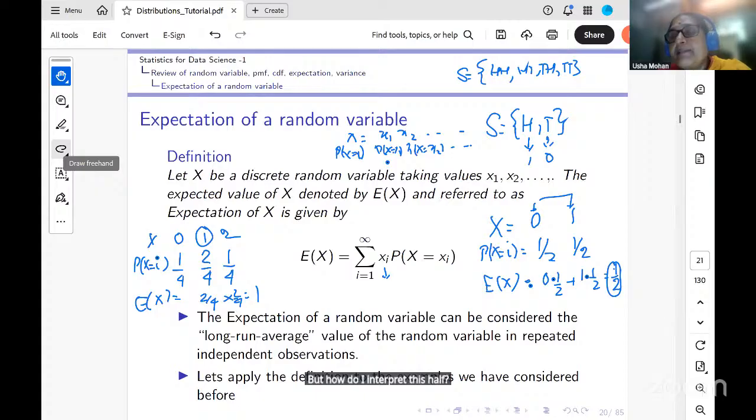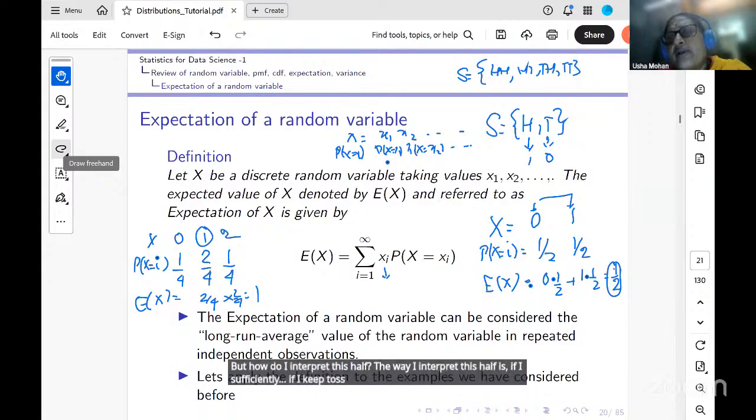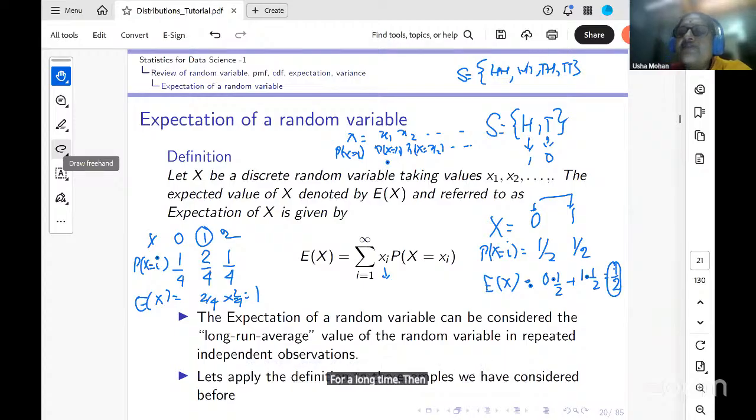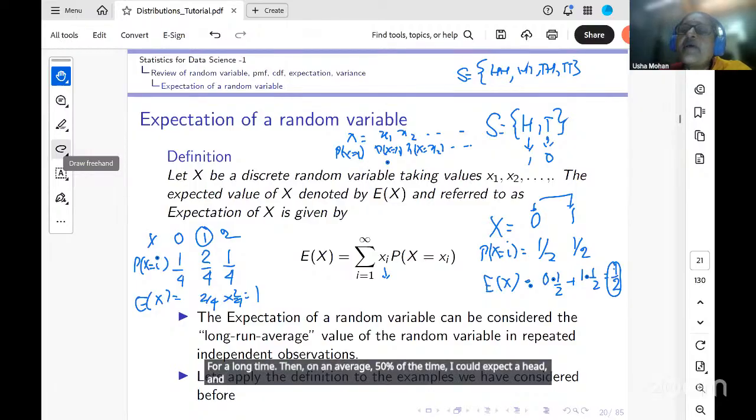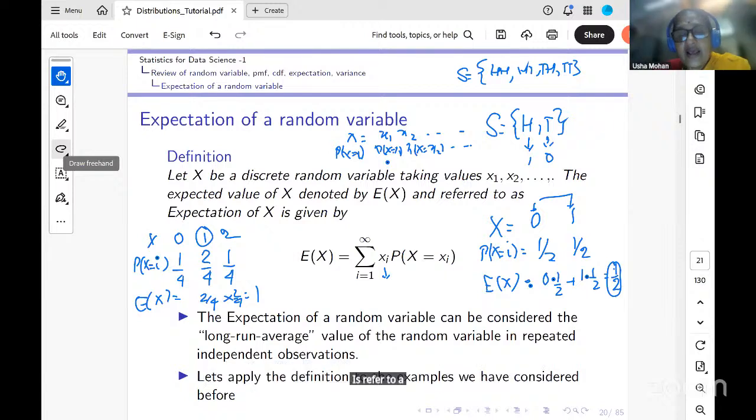The way I interpret this half is, if I keep tossing the coin for a long time, then on average, 50% of the time I could expect a head and 50% of the time I could expect a tail. That's why the expectation of X is referred to as a long run average.